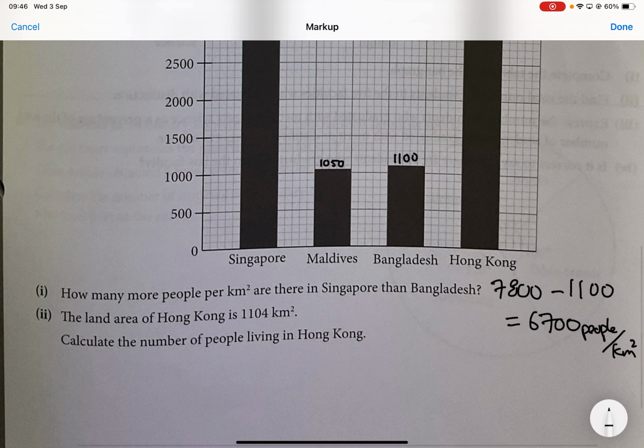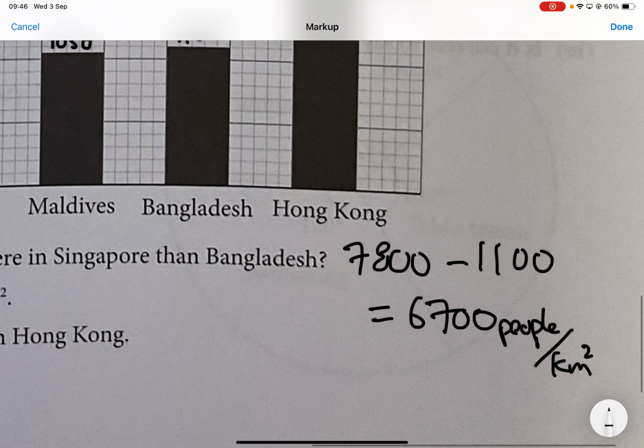What's the answer? 6,700. 6,700. You say the number individually. 6,700.